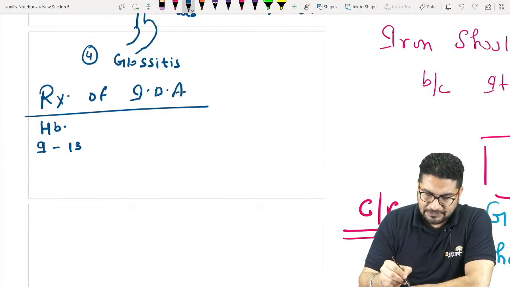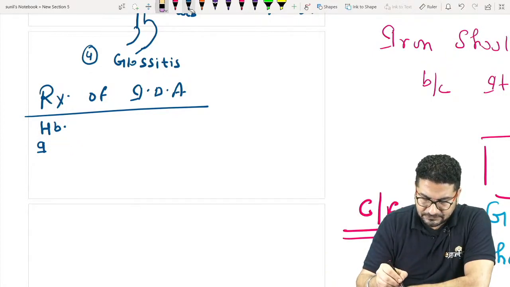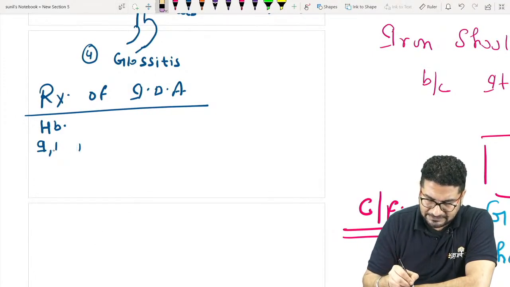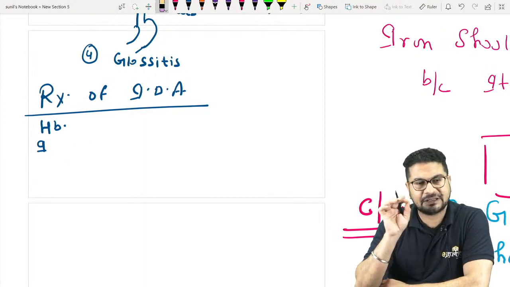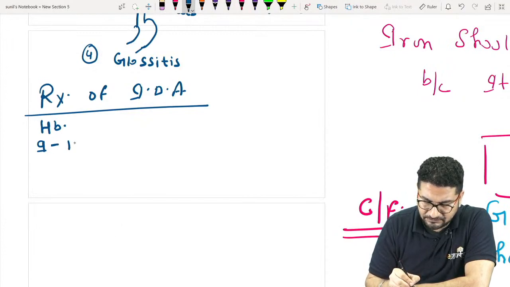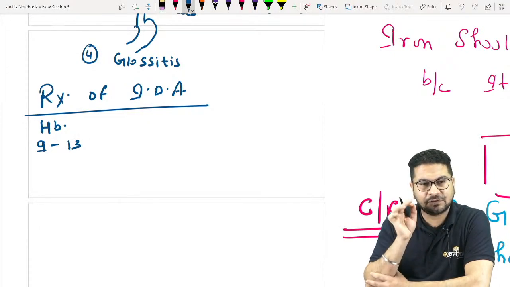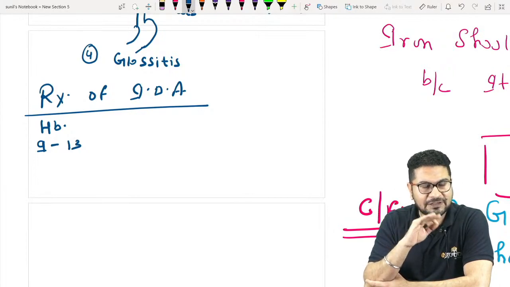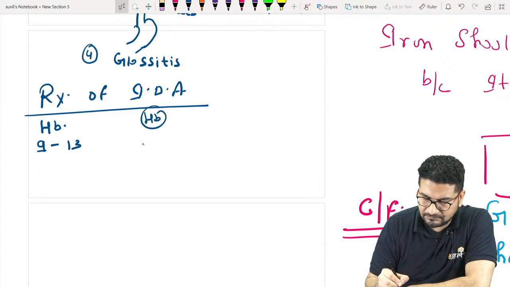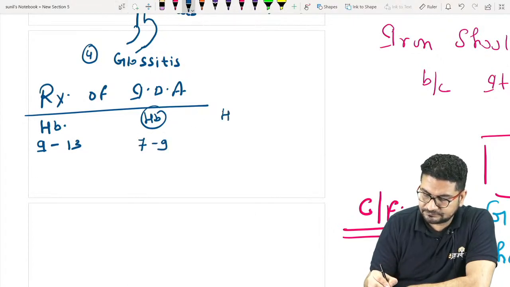Because 13 is normal, in Indian females till 11 is also normal. If hemoglobin values are 7 to 9, or hemoglobin values are less than 7.